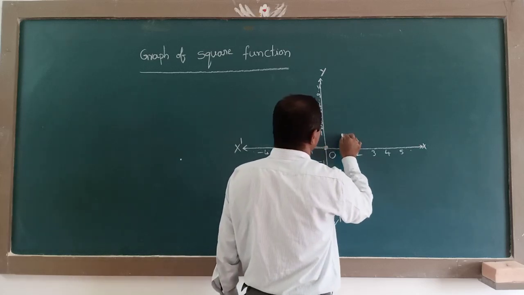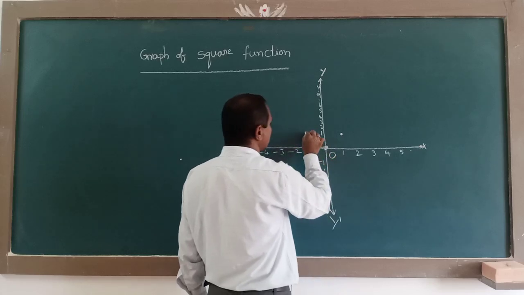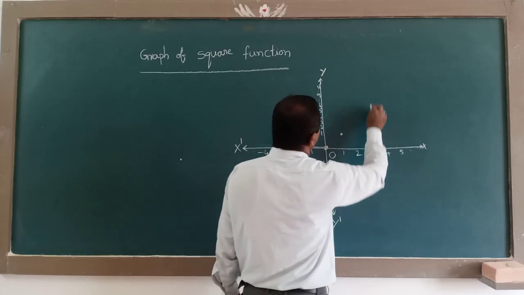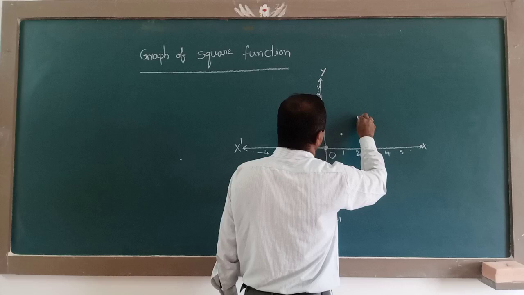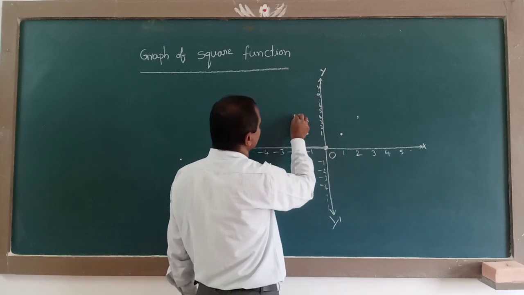1 to 1, 1 squared is 1. Minus 1 squared is also 1. 2 squared is 4, minus 2 is also 4 here.